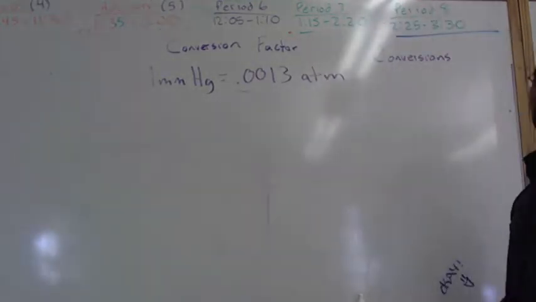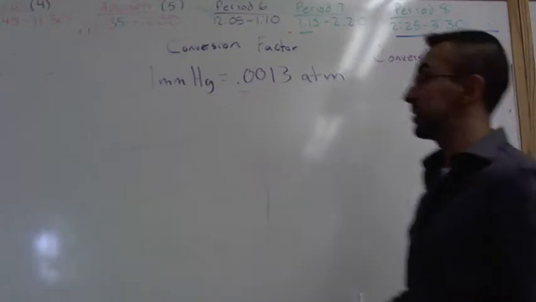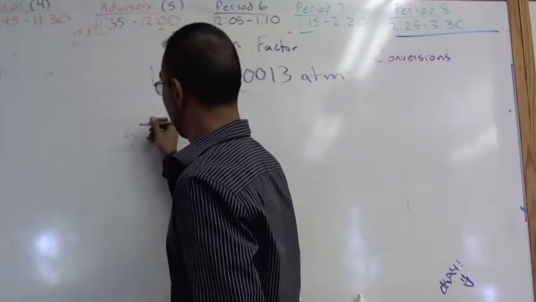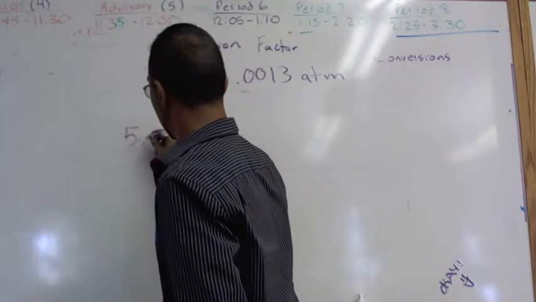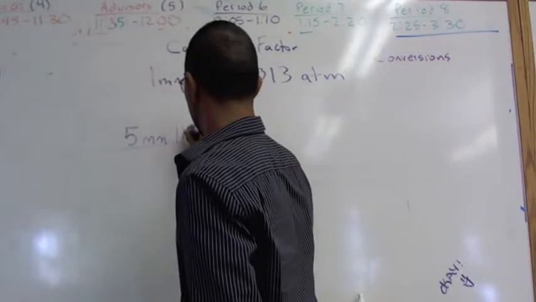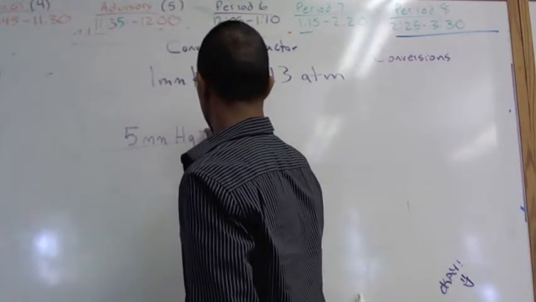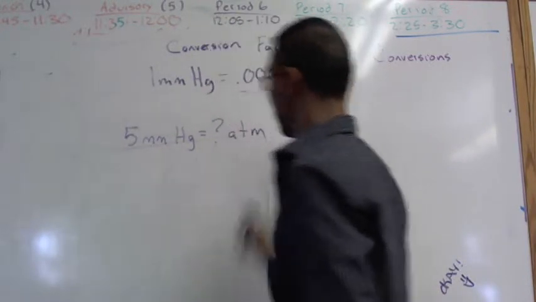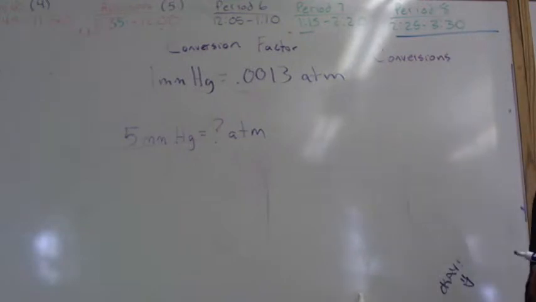And then I could throw out a sample problem, like 5 millimeters of mercury is equal to how many atmospheres? So this would be one example problem.